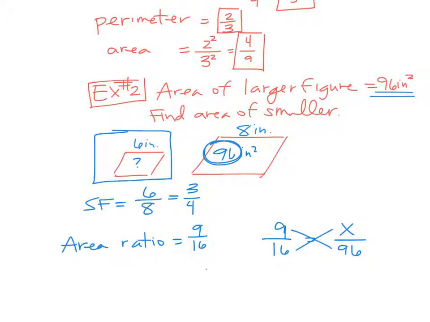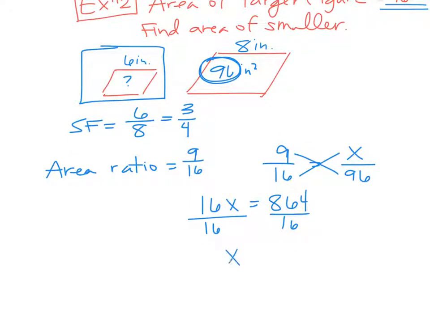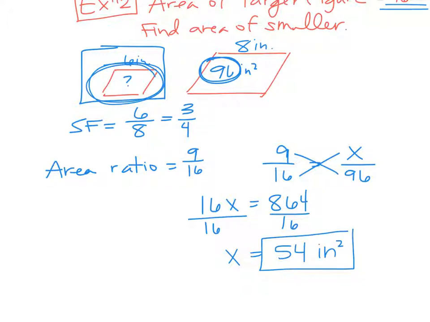So we're going to put a 96 here, an x here, and then we're going to cross multiply that. So we get 16x equals 9 times 96 is 864. And then we're going to divide by 16. So it comes out to x equals 54. And that's an area. So the area of this smaller figure is 54 square inches.